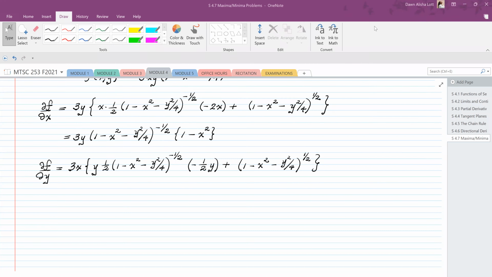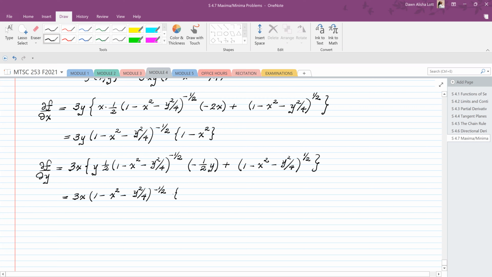So that equals 3x times 1 minus x squared minus y squared over 4 to the negative 1/2 power, and now I get 1 minus 1/4 y squared. We set that equal to 0.